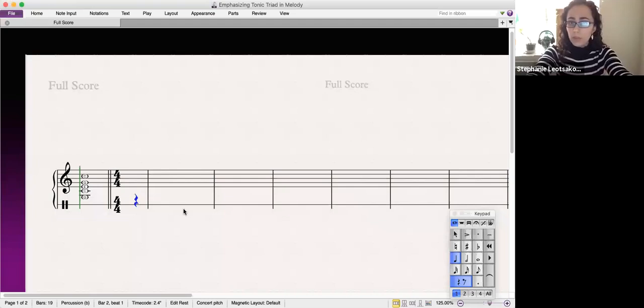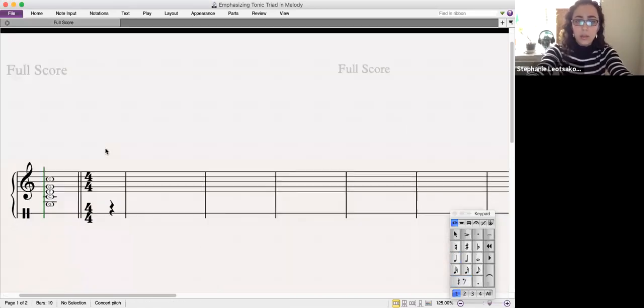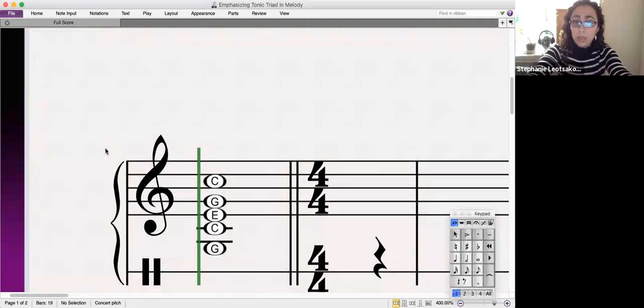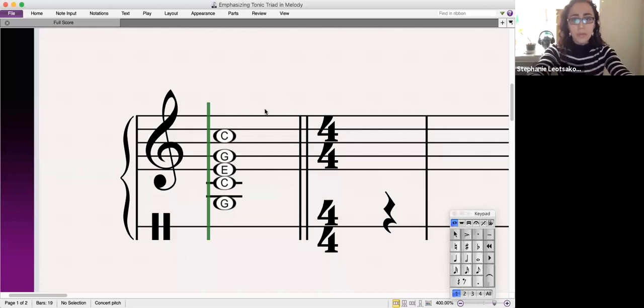I would start off with something like this, where you're shorthanding the rhythm elsewhere, not directly onto the staff. And what we're doing is we're looking at where do these notes live in a treble clef staff.